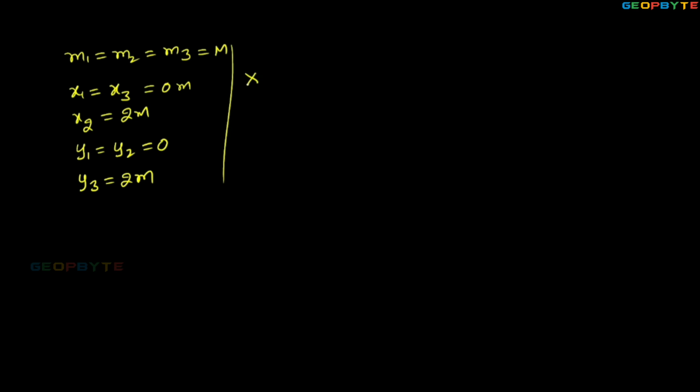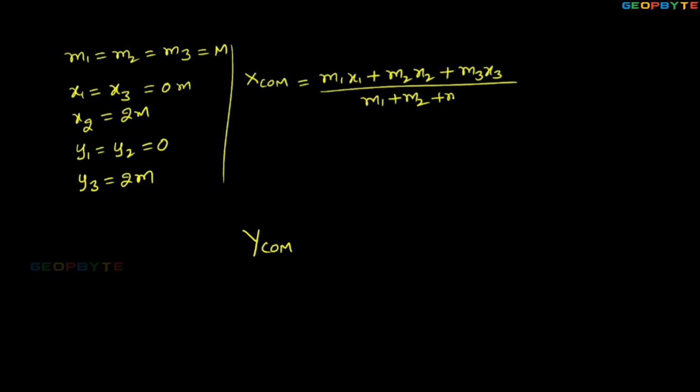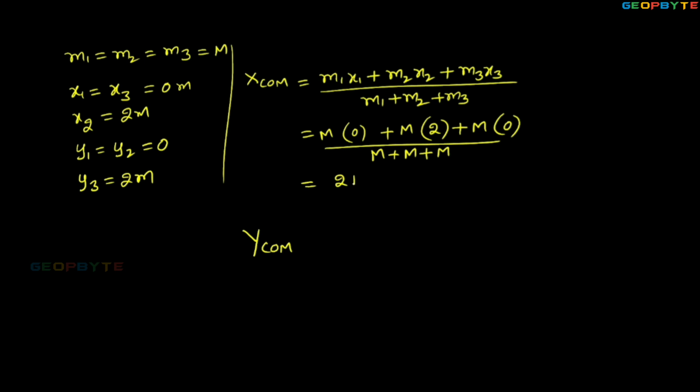Now let us decide the center of mass about the x-axis and the y-axis. For x: m1 x1 plus m2 x2 plus m3 x3 divided by m1 plus m2 plus m3. That is m times 0 plus m times 2 plus m times 0, divided by M plus M plus M, which is 2m by 3m, finally 2 by 3.